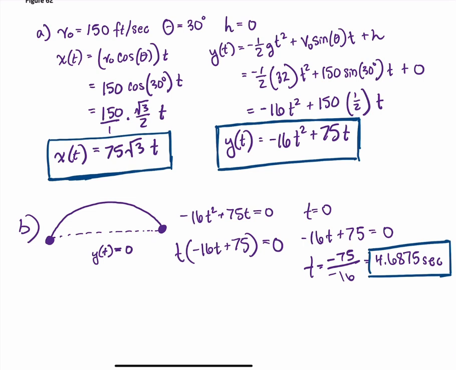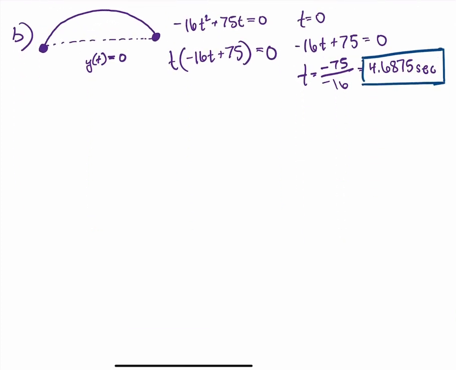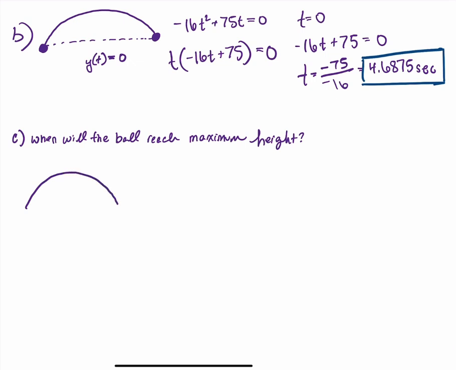Part C asks when the ball will reach its maximum height. So when will the ball reach its maximum? Well, we're saying that this will have some kind of parabolic curve in terms of the y value.